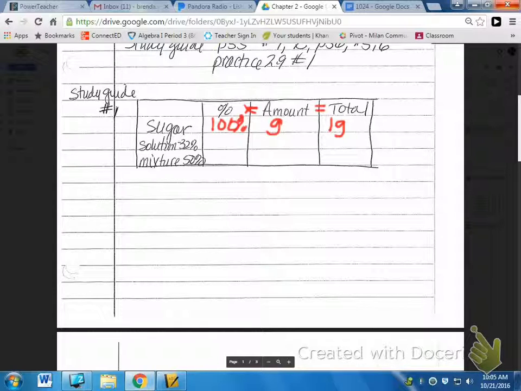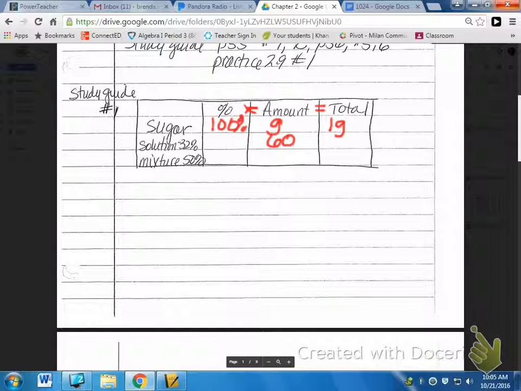All right. How many grams of sugar must be added to 60 grams of a solution that's 32%? That tells me the next two things I'm going to fill in. The amount of the 32% solution is how much? 60.